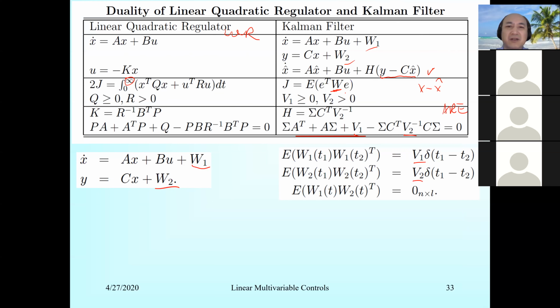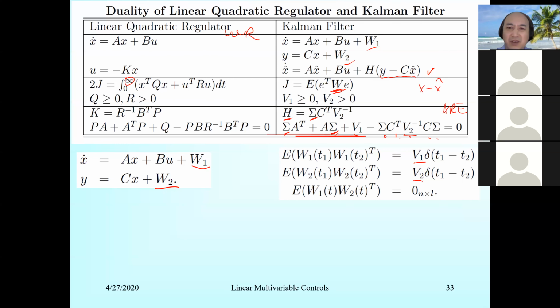H is solved via sigma, which is connected to W here. Sigma is my solution of this, like the P matrix in here. So V1 sigma C V2. This is just a weighting matrix.